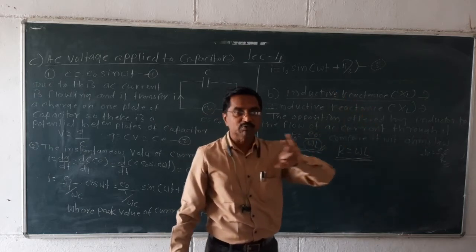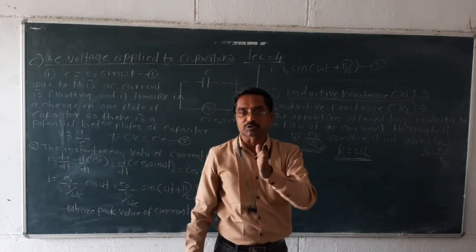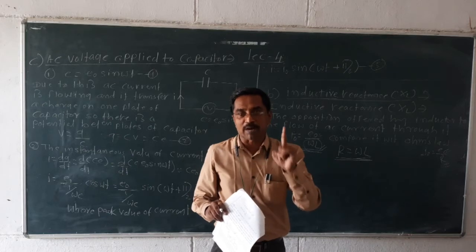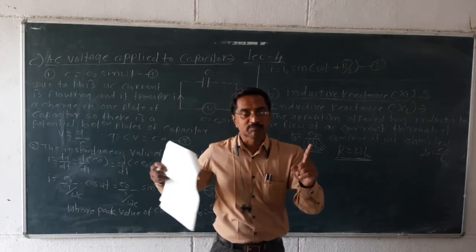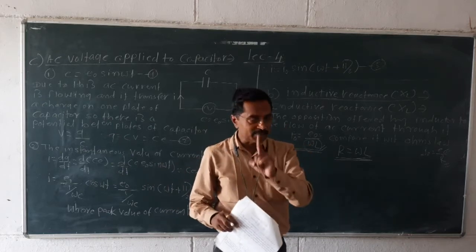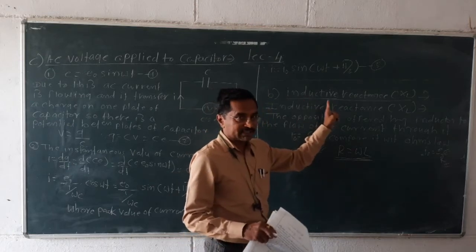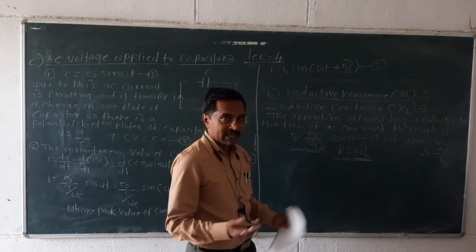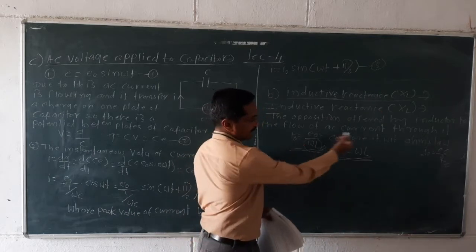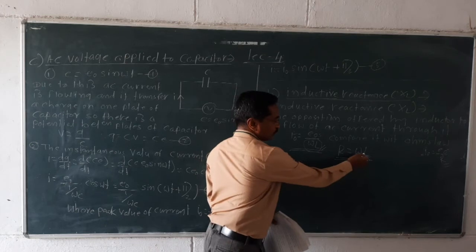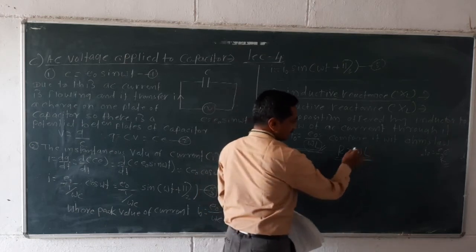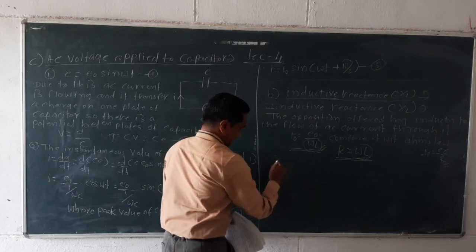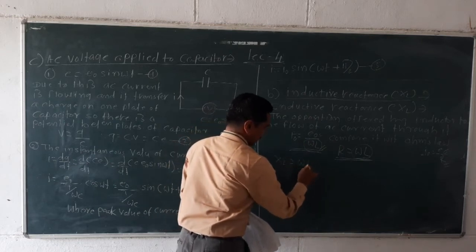Just as a resistance opposes the current passed through it, the inductor also opposes the flow of AC current through it, and that opposition is called inductive reactance. It is denoted by Xl. How is it calculated? By comparing this equation, we get R is equal to omega L. It means the inductive reactance of the inductor, Xl, is equal to omega L.